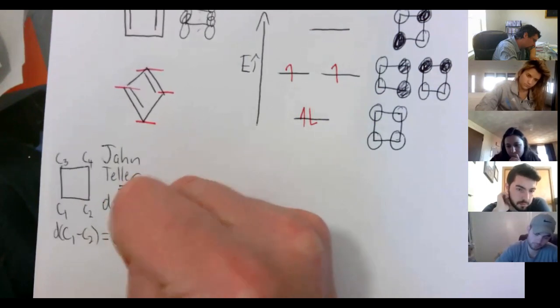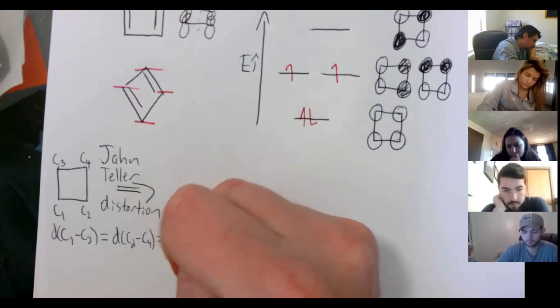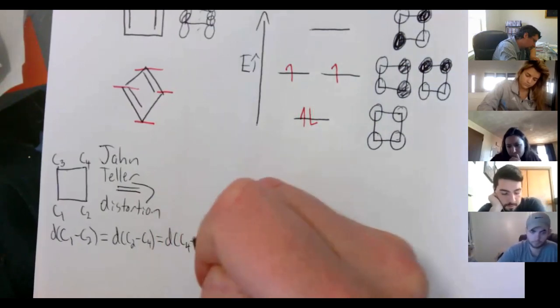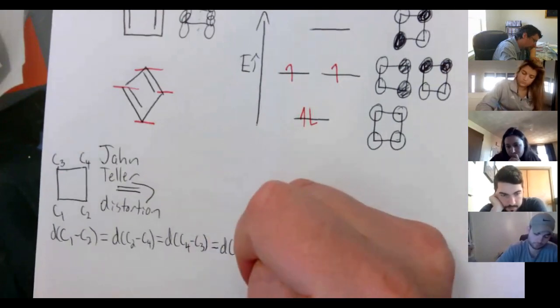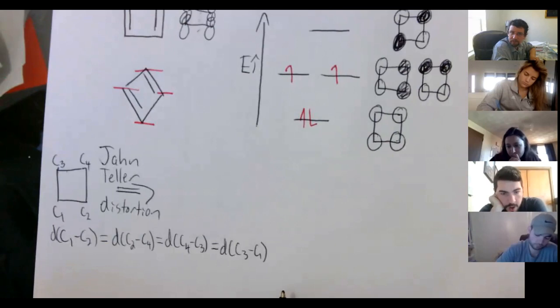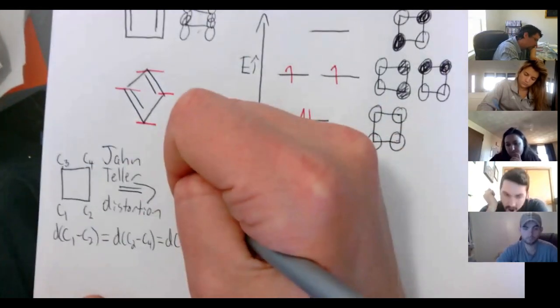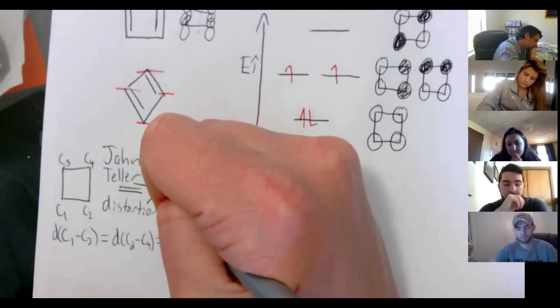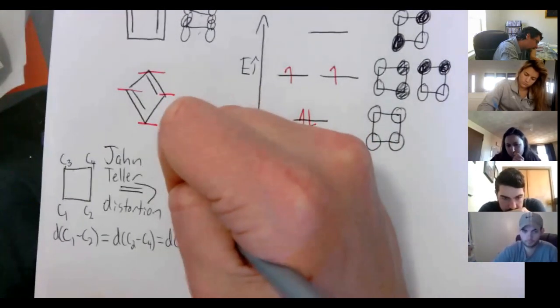C2, C4, C4, C3, C3, C1. So all those should be the same, and that should be a square. But what actually happens is the system distorts.